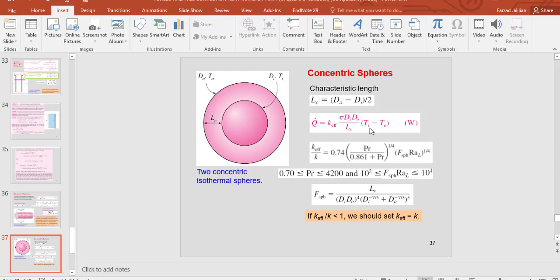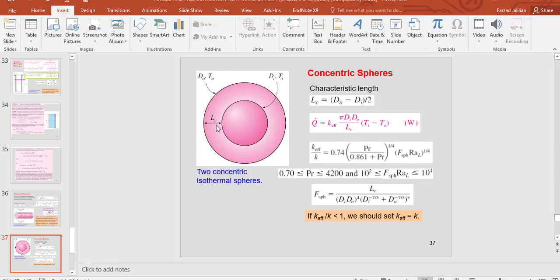This is two concentric isothermal spheres with different diameters, Di for the inner one and Do for the outer one, and their surface temperatures, which are isothermal surfaces, will be Ti and To.